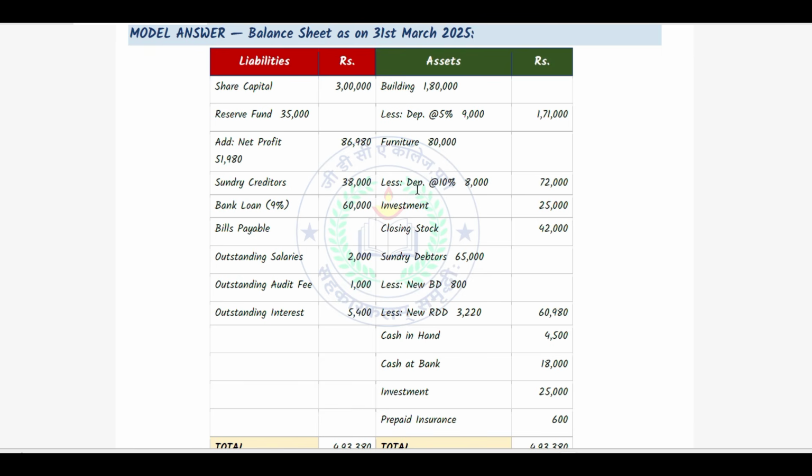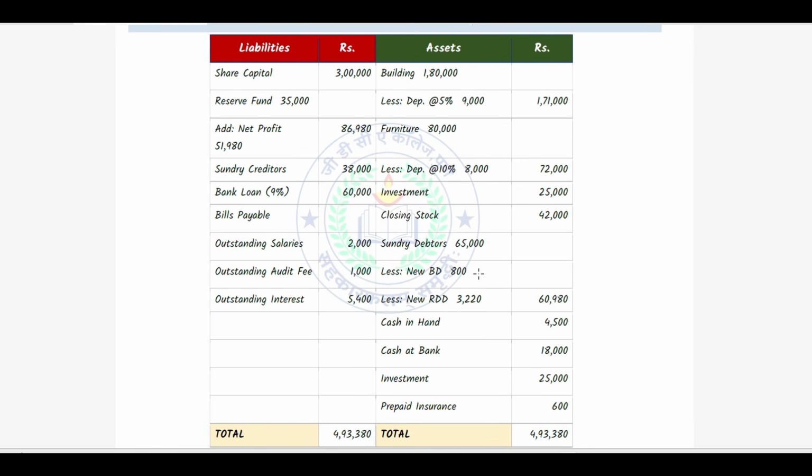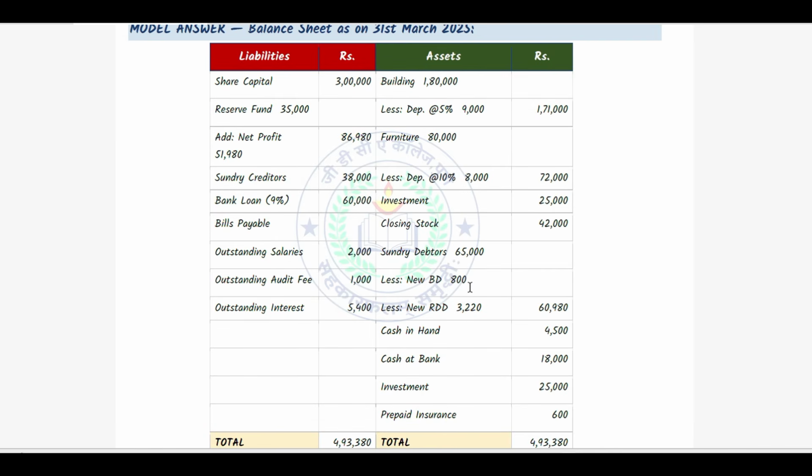Then as given, depreciation at 10%, so it is 8,000 rupees, 72,000 again. Investment 25,000. Closing stock 42,000. Sundry debtors are at 65,000 rupees. Less new bad debts 800 rupees. Then less new RDD at 3,220 rupees. That total is 60,980 rupees.